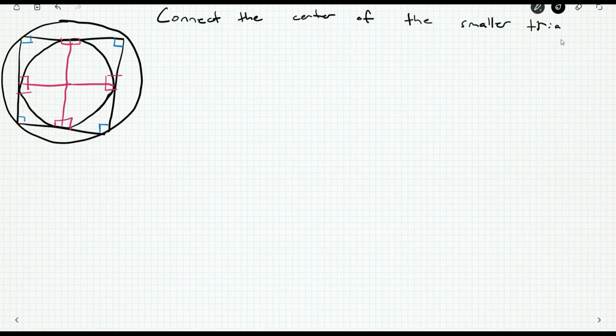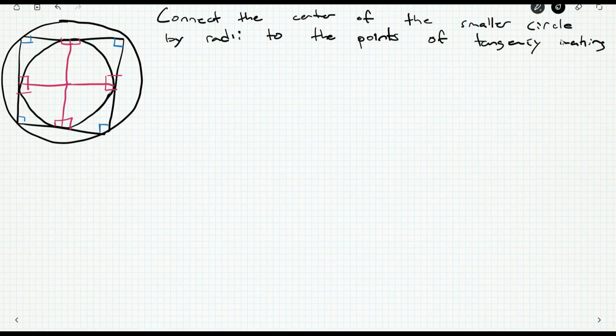Not triangles. Center of the smaller circle. Don't know where my head is. By radii to the points of tangency. And that makes right angles.